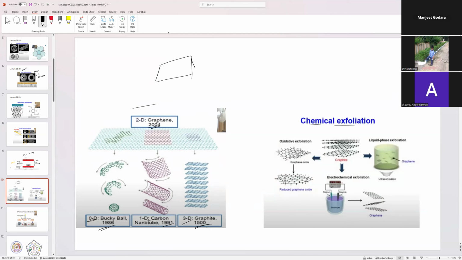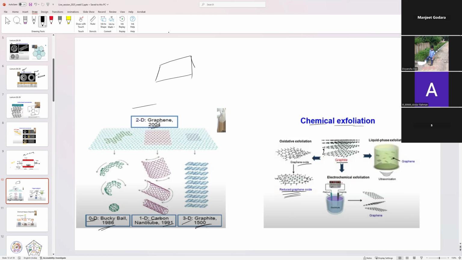So there are different methods. You have graphite, you can oxidize it to get graphene oxide, and these layers will separate and you get reduced graphene oxide. This is an already available commercial type of graphene.